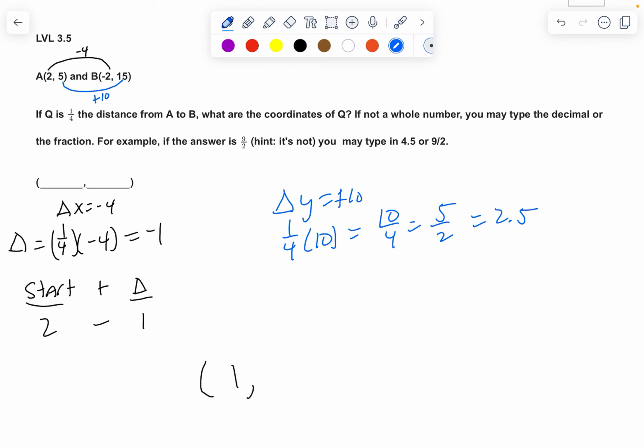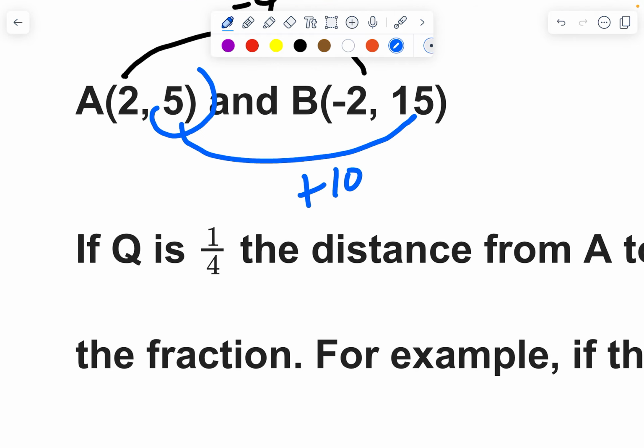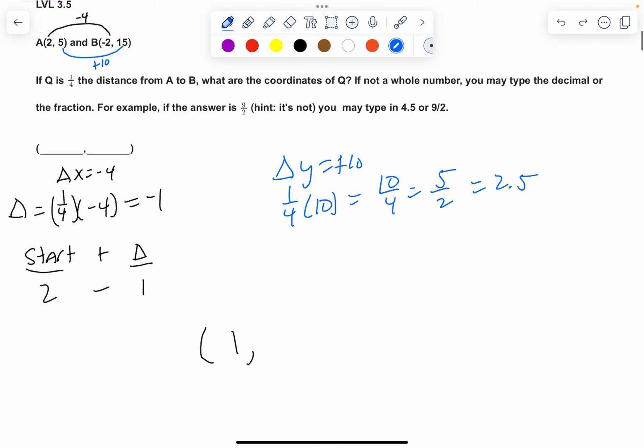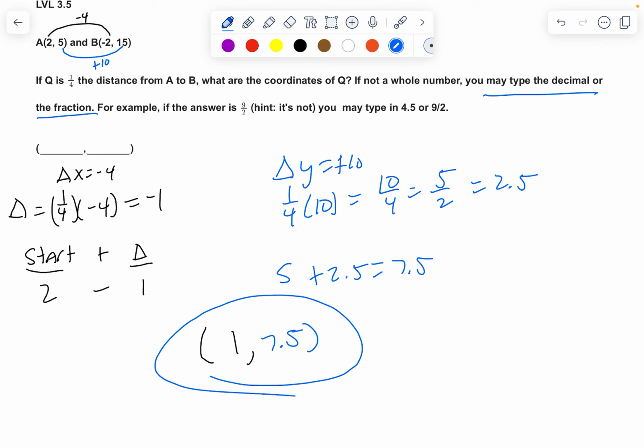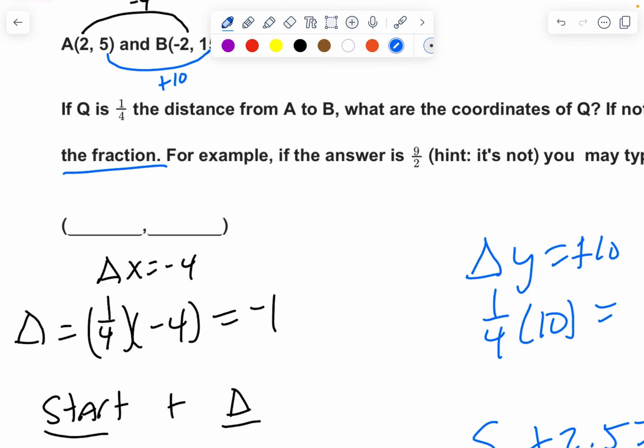Our starting value for the y values is 5. So our start is 5, and we're going to apply the new delta 2.5, and we're going to land at 7.5. You may type the answer as a decimal or the fraction. So that's going to be 7.5. There's your answer, 1, 7.5.